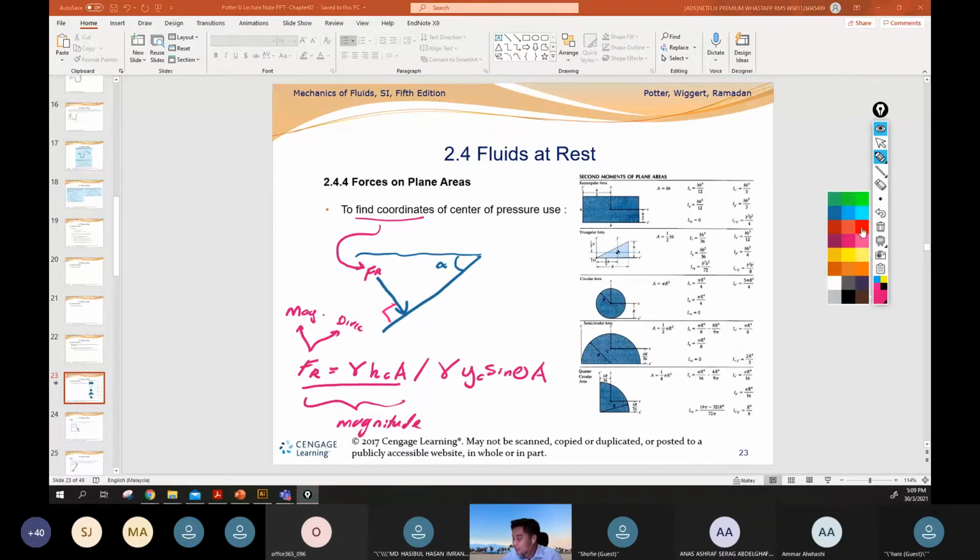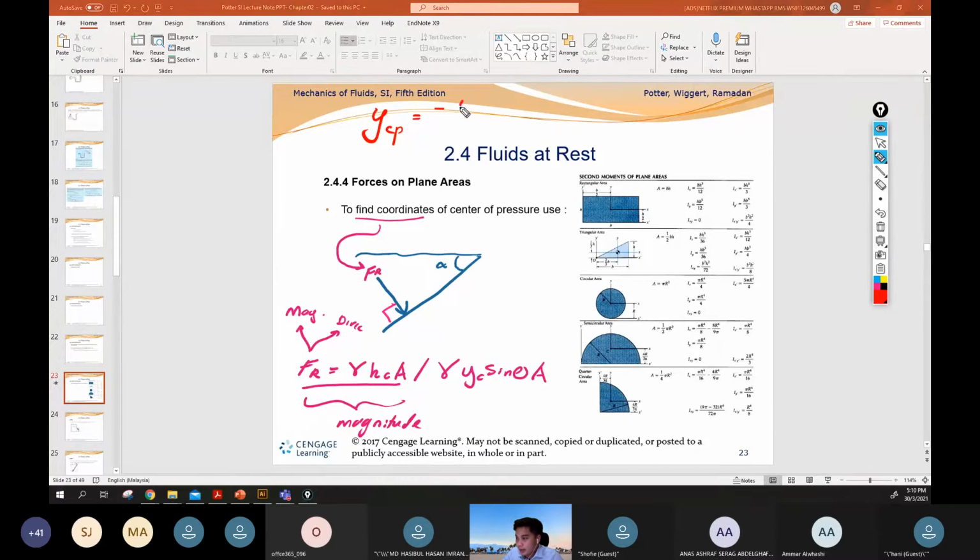So the equation to calculate the coordinate is this, all right? Ycp, this is the distance from the centroid to the pressure point, CP, equal to negative. Remember, negative means it is below the centroid position.